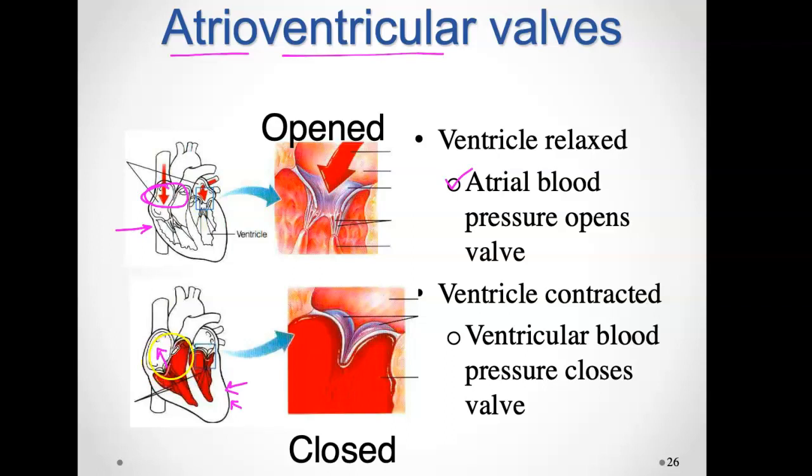So what you want to do is shut this. When the ventricle contracts, ventricular blood pressure closes those atrioventricular valves, and it can no longer backtrack. Blood is now instead going to shoot out in this direction, or out of the aorta. So this is a picture of that valve: opened as the ventricle fills, closed as the ventricle is ready to eject, or is already beginning to eject.